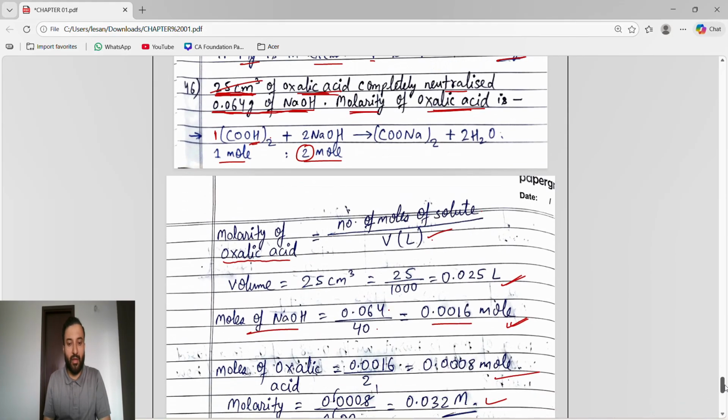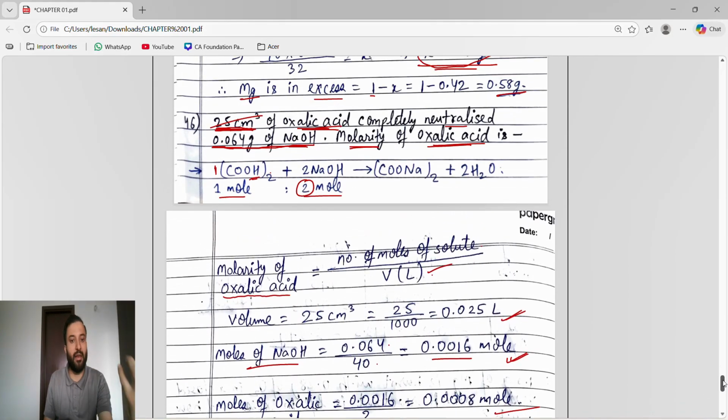See here why we did it like that: oxalic acid is used for completely neutralizing NaOH, so it will be the same ratio. We will consider it the same. For finding the number of moles of oxalic acid, we don't have the given mass. So what we will do? We have a given mass of NaOH.